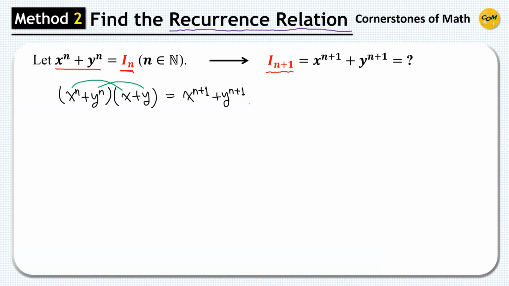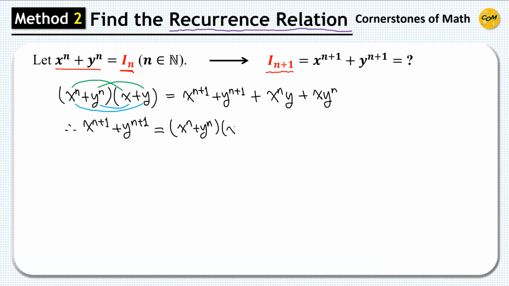This will surely give x^(n+1) + y^(n+1). And we also have other terms, which are x^n y + x y^n. Therefore, x^(n+1) + y^(n+1) equals (x^n + y^n)(x + y), then minus, we have the common factor xy, then we have x^(n-1) + y^(n-1) here.